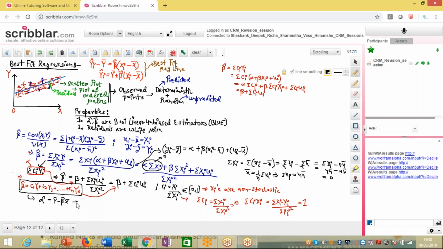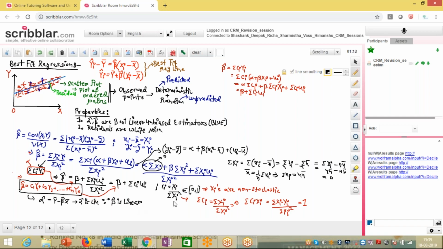So alpha hat is linear since beta hat is linear, right?